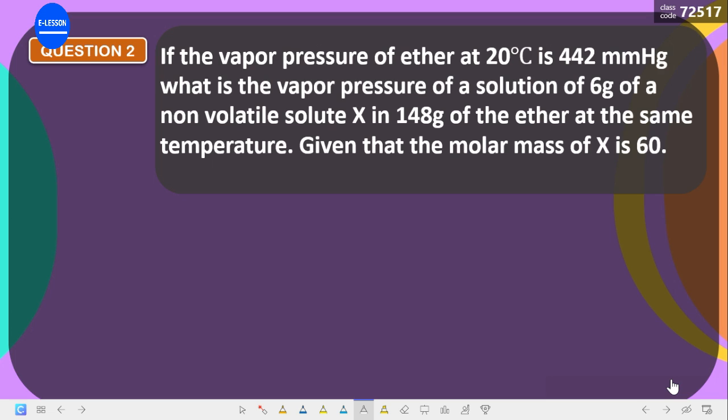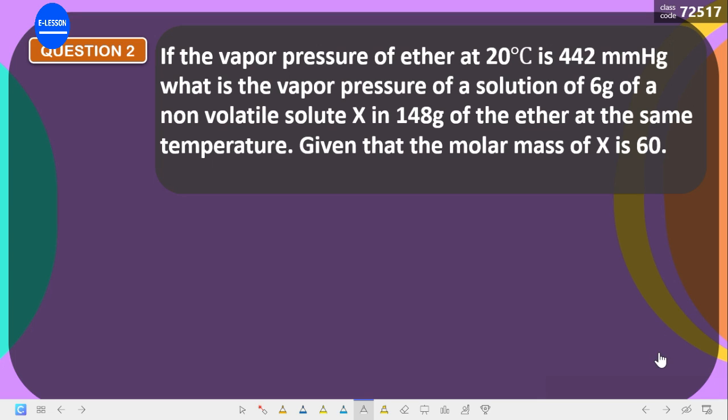But in most of the cases I'm going to illustrate here, let's assume for this first case that the solution is very dilute. Now the question says, if the vapor pressure of ether at 20 degrees Celsius is 442 millimeter mercury, what is the vapor pressure of a solution of 6 gram of a non-volatile solute X in 148 gram of the ether at the same temperature, given that the molar mass of X is equal to 60?